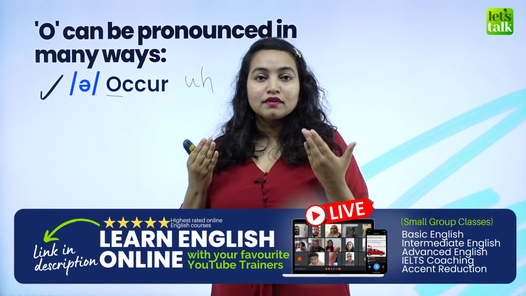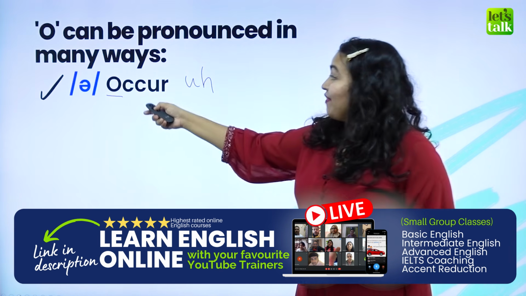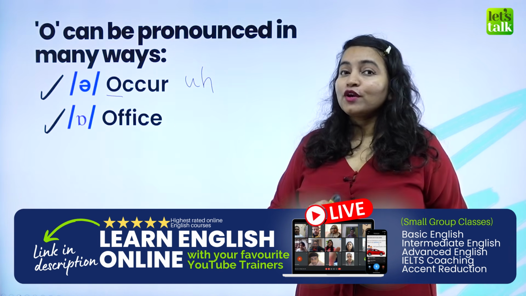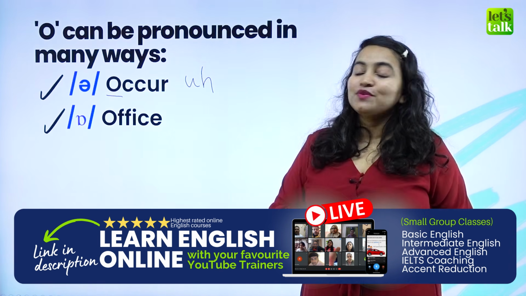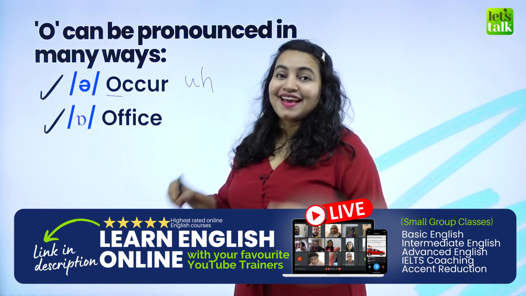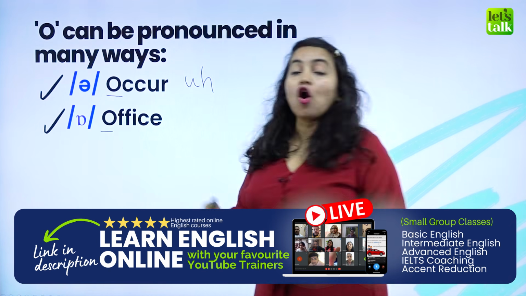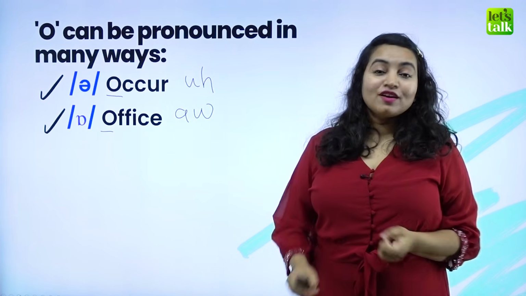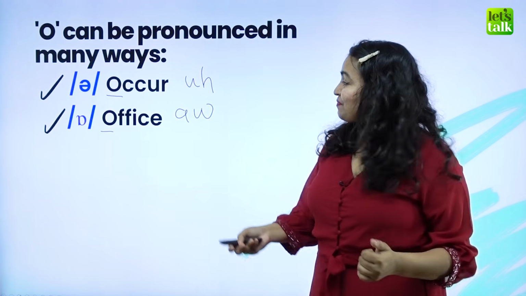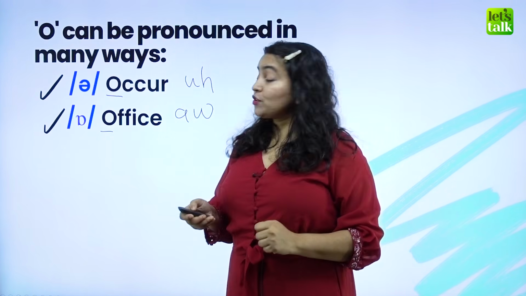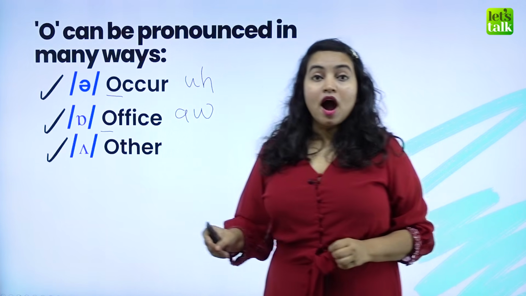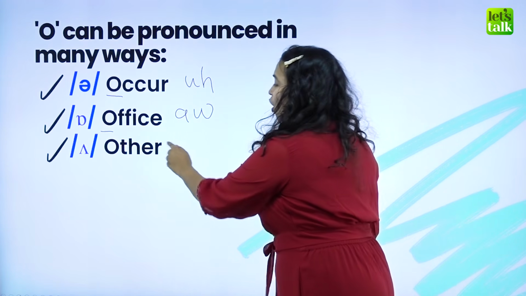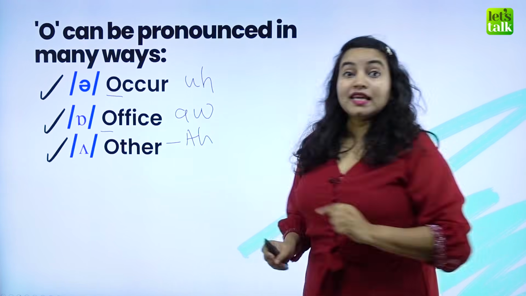It is simply occur. Now, if you have an O in your word, you can also use the O sound. And therefore, we say office. Okay, so this is simply the O sound, as in office. The O can also give you the uh sound.